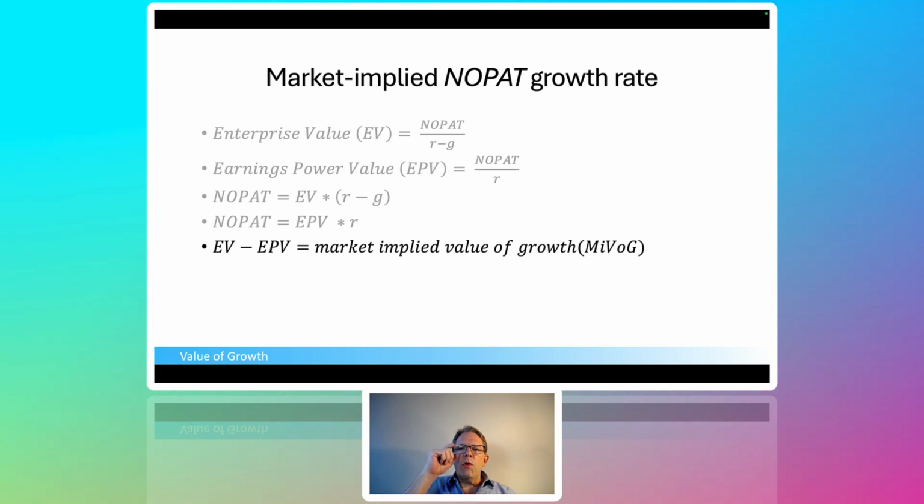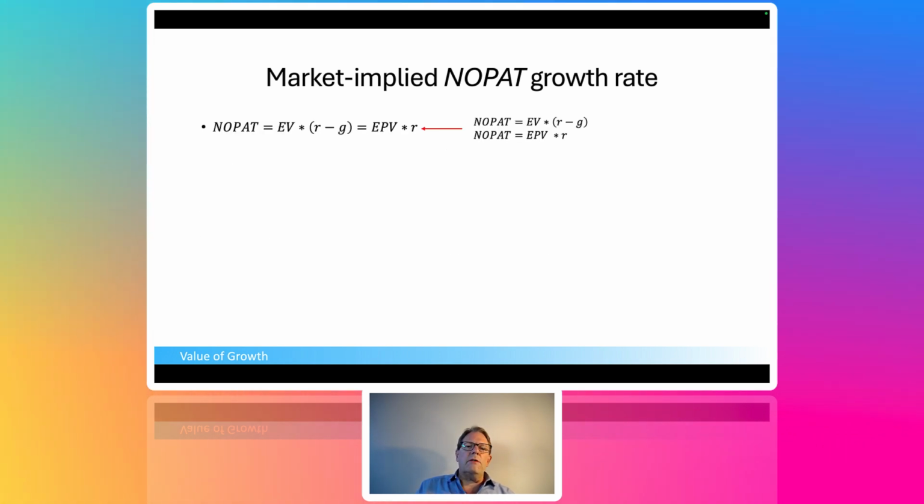The other equation we're going to need is that enterprise value minus earnings power value is our definition of market-implied value of growth. So those are the three main equations I'm going to need as we go through this analysis. All right, so let's just take the first two equations.